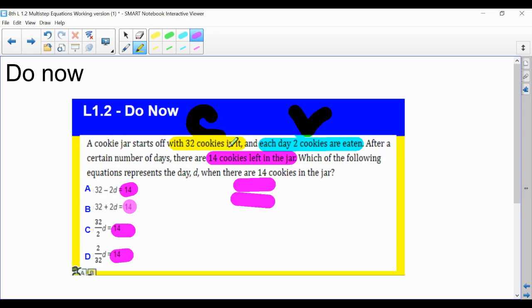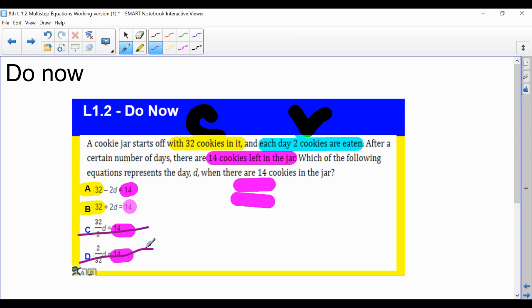So we have 32 cookies that does not change. So 32 has to be a number by itself, not attached to a variable. So the first one has that, right? 32 is right there. The second one does. The third and the fourth, C and D, both have 32 multiplied by the variable, attached to the variable.